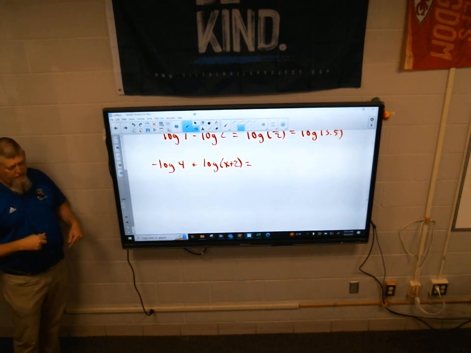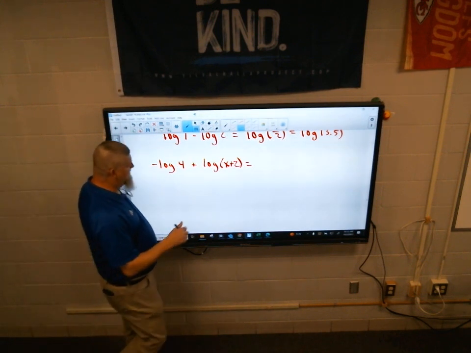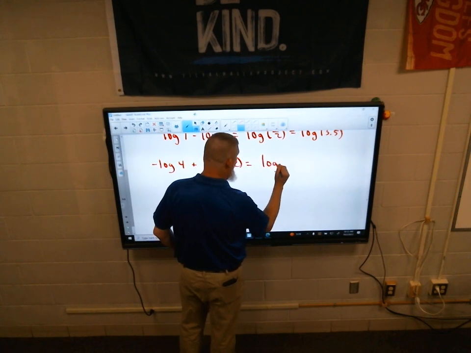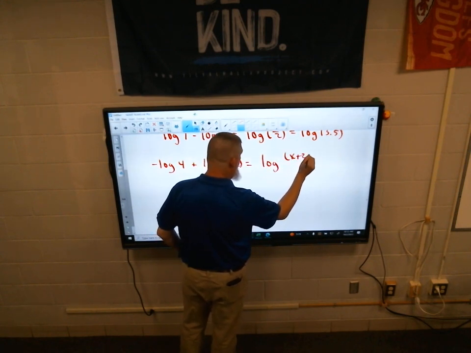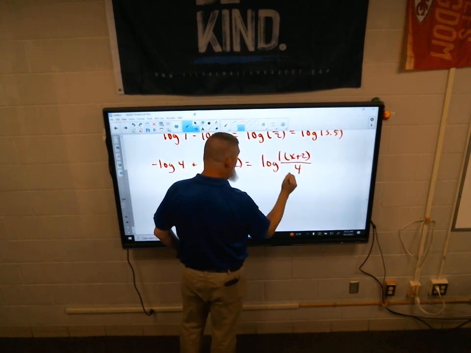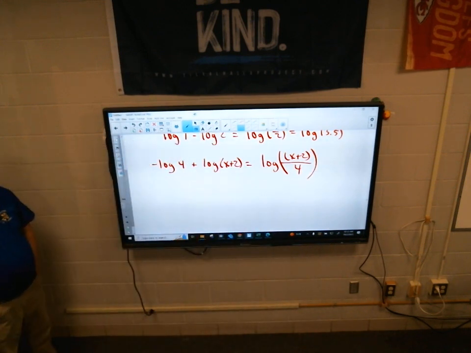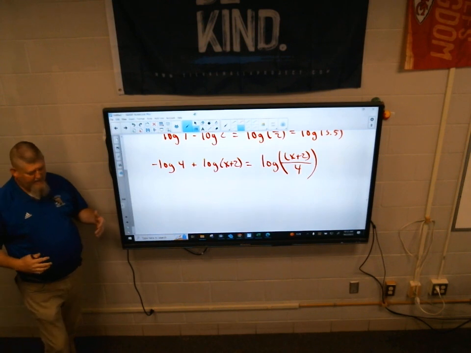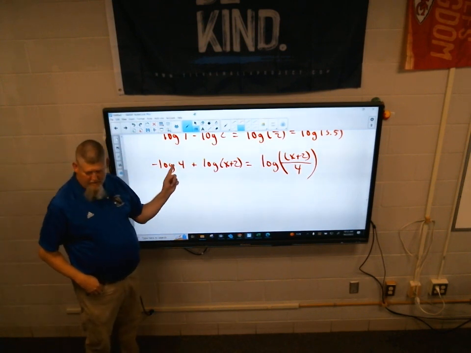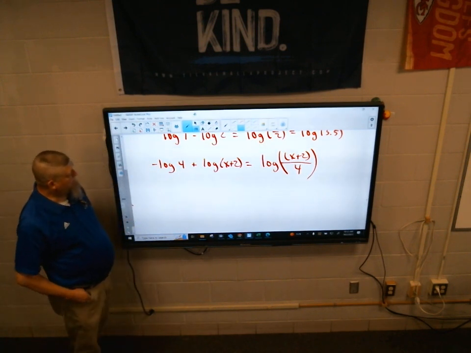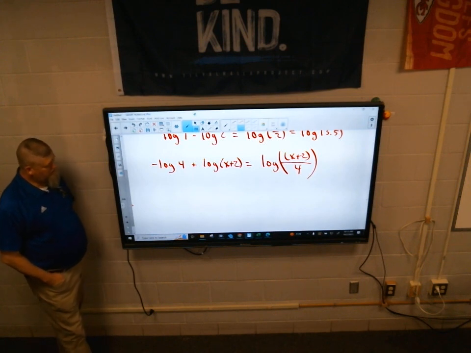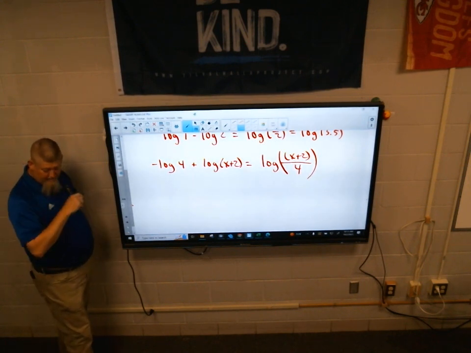And then the 4 would go to the denominator because it's negative. So it really doesn't have to do with what order they're in, it's what sign is in front of it.